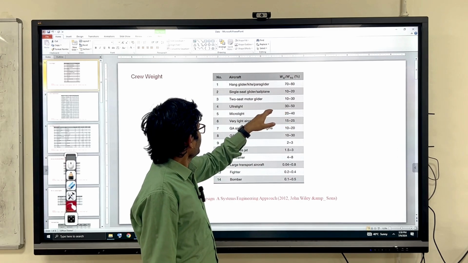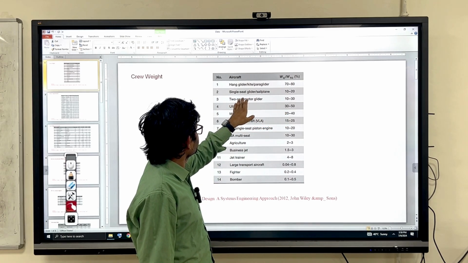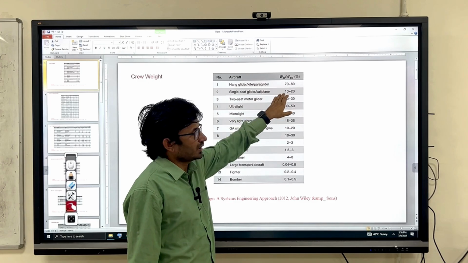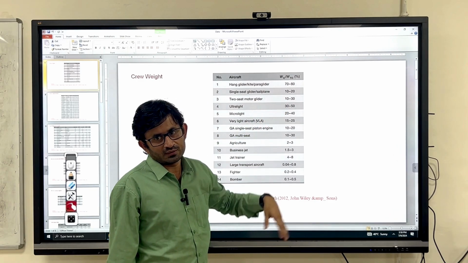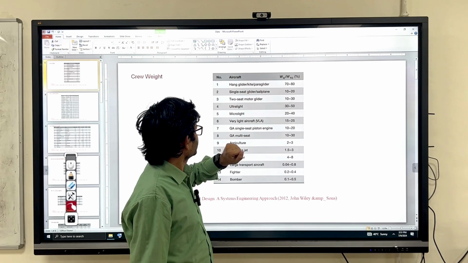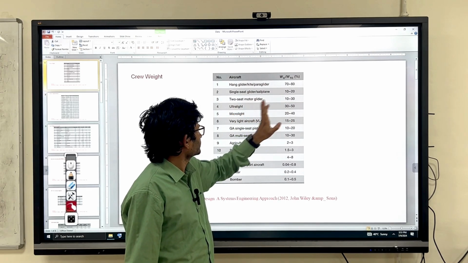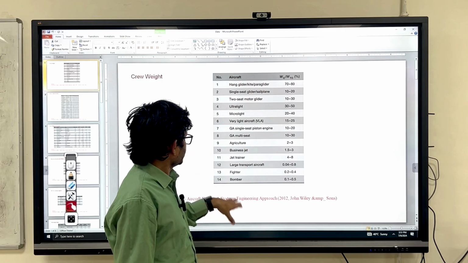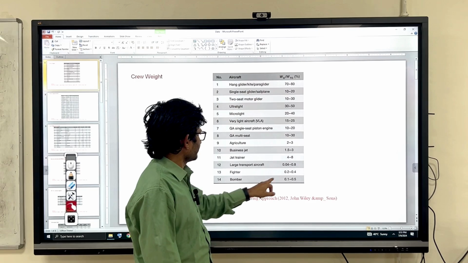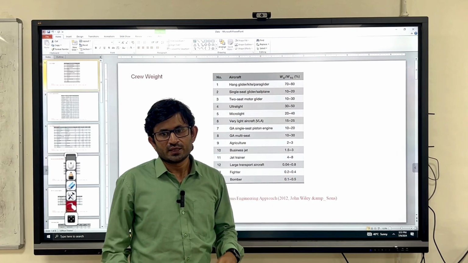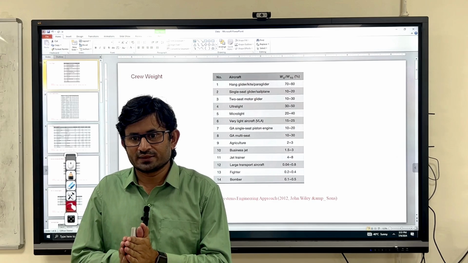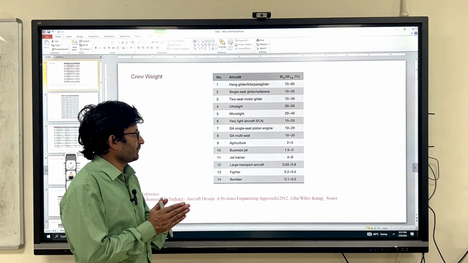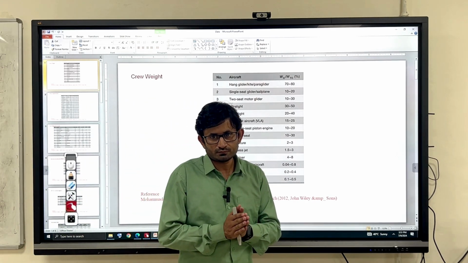And when you go from one to two, like from a single seater glider airplane, how this dropped, you can take 10 to 20%. For a twin seat motor glider, 10 to 30%. Ultralight, 30 to 50%. And very surprising, in fighter 0.2 to 0.4. That means your crew weight is very small compared to the total weight of the fighter aircraft.